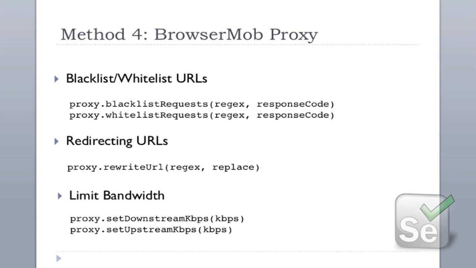Redirecting URLs is pretty much the same thing. It takes in a regex, and anytime you get a match, it replaces it with whatever the replacement string is. For limiting bandwidth, you just set the downstream and upstream bandwidth.